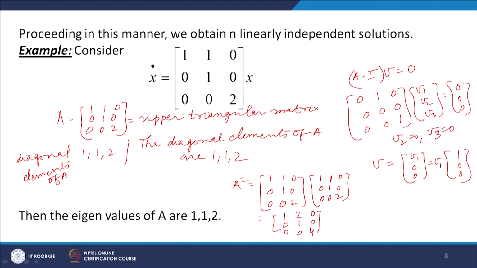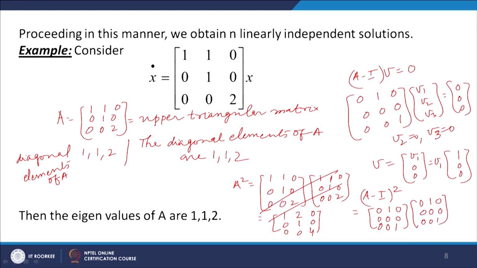So, this is A square, I do not need this, I need (A minus I) whole square, sorry. So, (A minus I) whole square is 0 1 0, 0 0 0, 0 0 1 multiplied by 0 1 0, 0 0 0, 0 0 1.